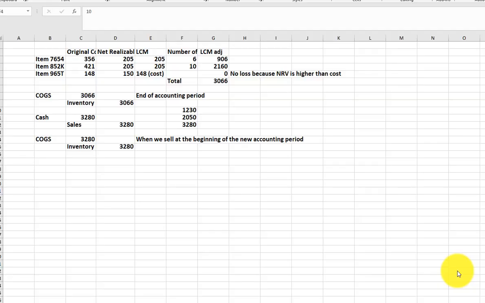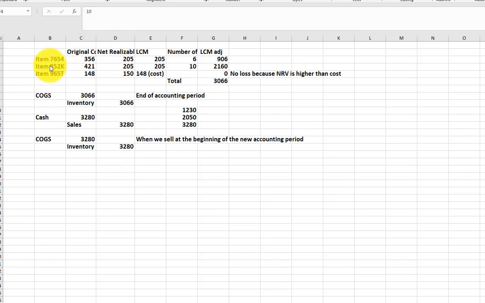Now, the other problem has to do with lower of cost or market. So we've got these three items. We've printed a report. We indicate that these have not sold for quite a while. We do some investigation. We find out that there are some reasons why these are not selling, and nothing's going to change soon.